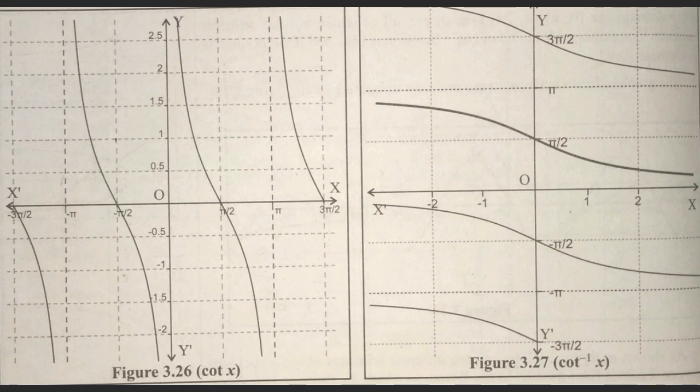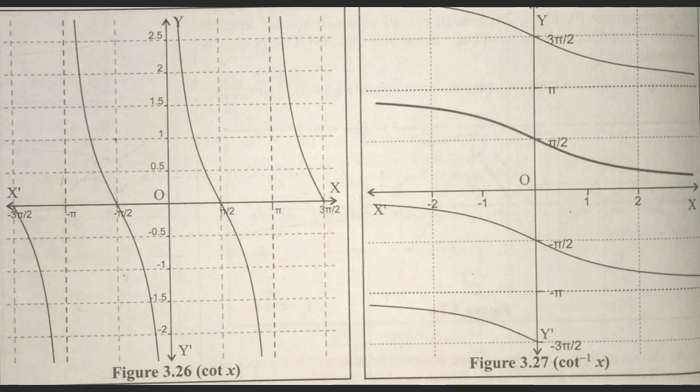If we see the domain and codomain of y equal to cot x and y equal to cot inverse x, then the domain for y equal to cot x is the set of all real values on the x-axis except 0, pi, 2 pi, 3 pi, also minus pi, minus 2 pi, minus 3 pi, etc. And the codomain or range is the set of real numbers which lie along the y-axis.